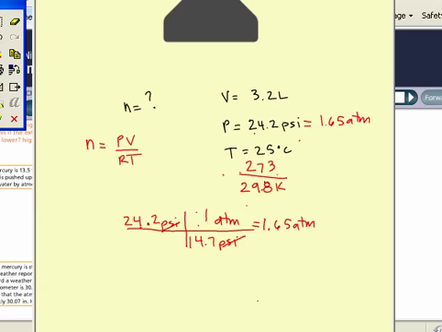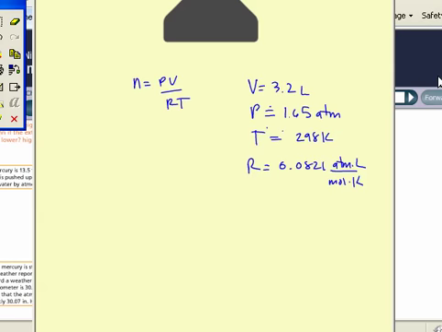Okay, so I'm going to rewrite this. Here's all my data. I've rewritten it so I can easily see what my formula is. This is the formula I'm going to use since I'm solving for n, and I've written out all my terms here. My volume is 3.2 liters, my pressure, my temperature, and then my R value.